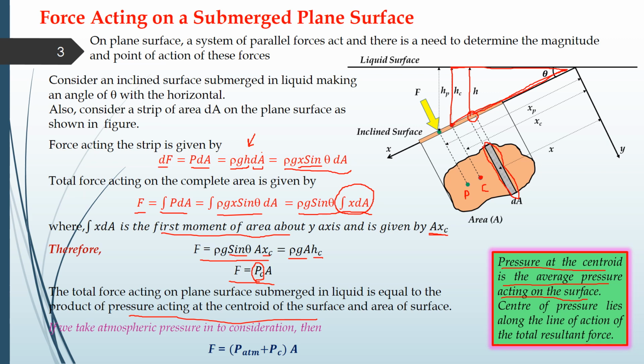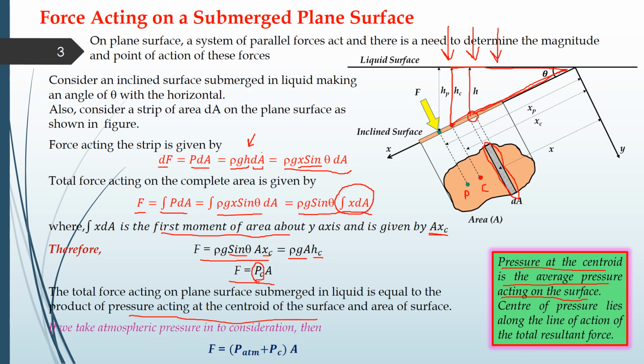Now, in that case, you are only taking the pressure which is due to the height of this liquid, which is creating some pressure on the surface. But as you all know, we also have some atmospheric pressure which is acting on the surface.